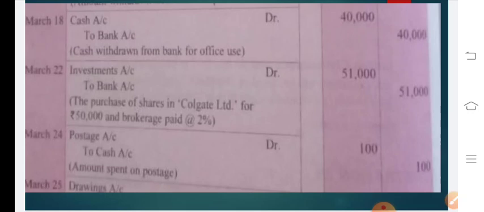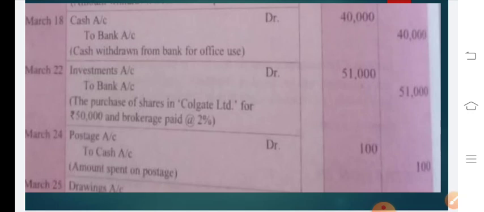Because in the previous point we were told that it was withdrawn from bank by Ganesh for personal use, and personal use is considered as drawing. But here, withdrawn from bank rupees 40,000 simply means that we needed cash in the business. So we drew cash from bank for business.